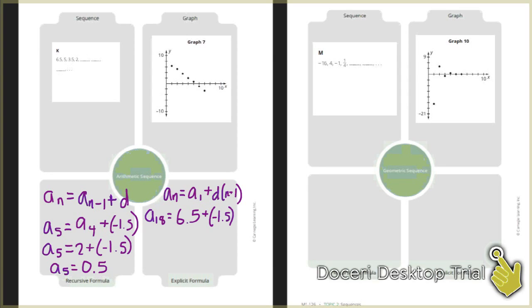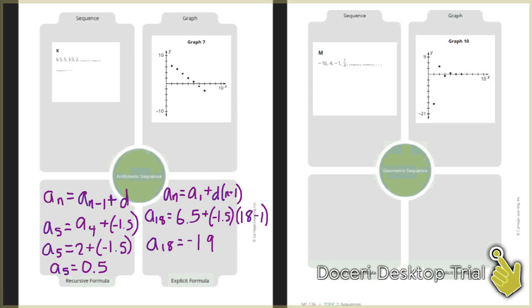And we're trying to find the 18th minus 1, which is really 17. When you do all the math, you get negative 19. That tells us that the 18th term in this sequence would be negative 19.